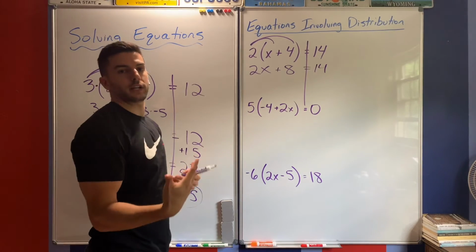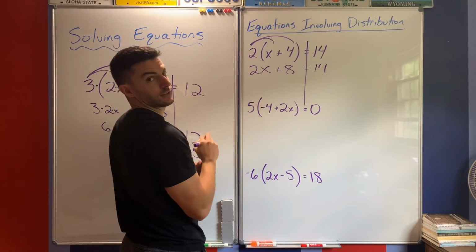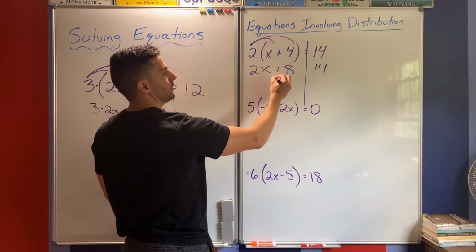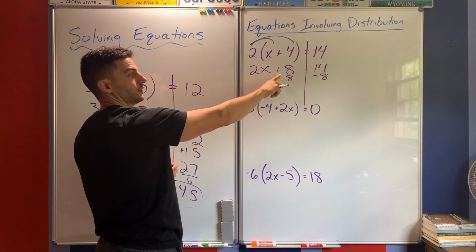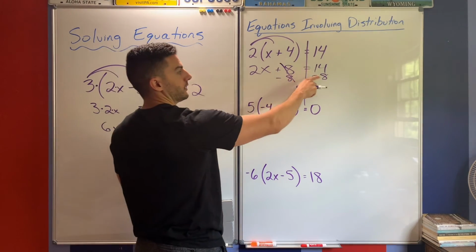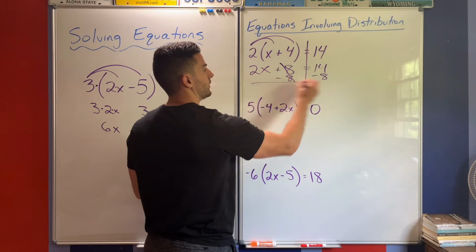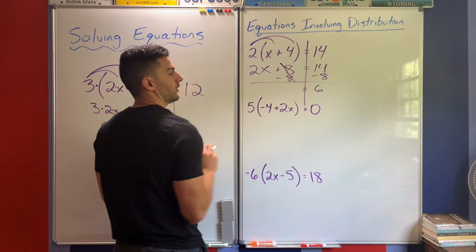Okay? Now that I distributed, now I begin to cancel out the terms to get the x by itself, okay? So I'm going to minus 8 from both sides because that's going to cancel the positive 8, okay? So that cancels. And here I have 14 minus 8. So 14 minus 8 gives me 6 on the right.